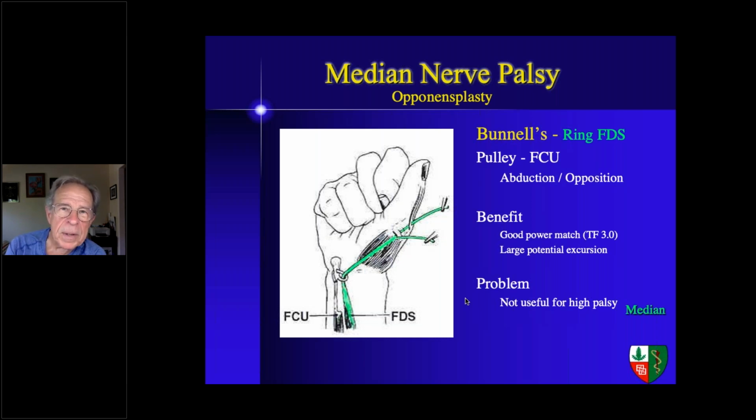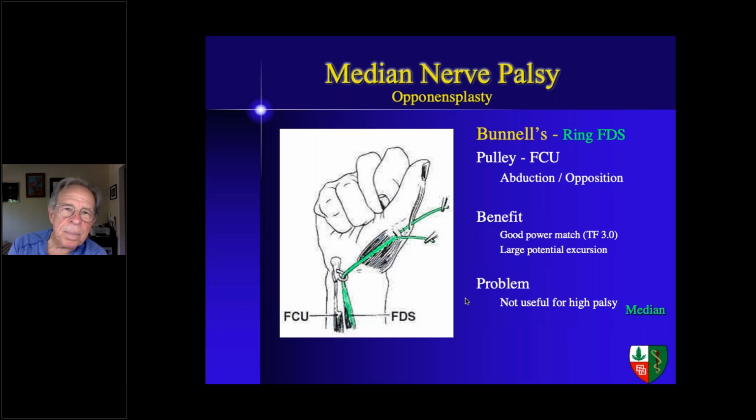If it's expendable, which is not in a high palsy, but in a lower palsy, it's expendable. Brand described making a pulley out of a strip of the flexor carpi ulnaris so that the transfer could be redirected in the proper direction, and he attached the muscle into the tendon of the abductor pollicis brevis.